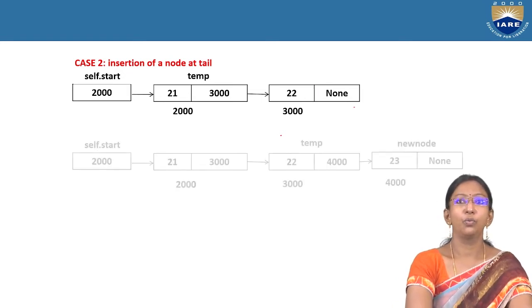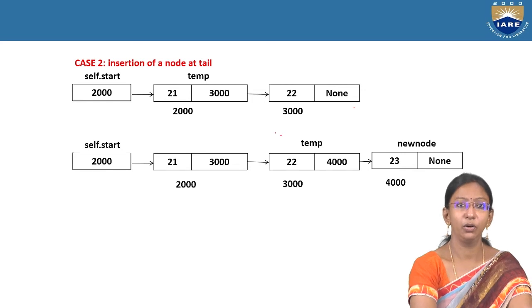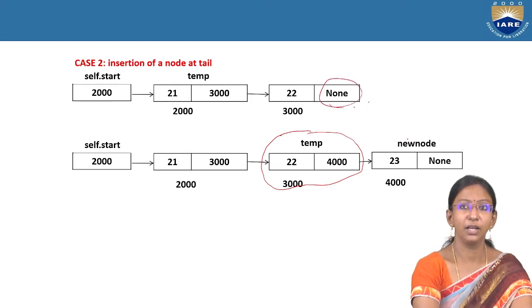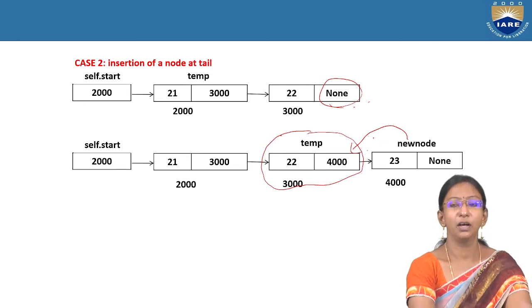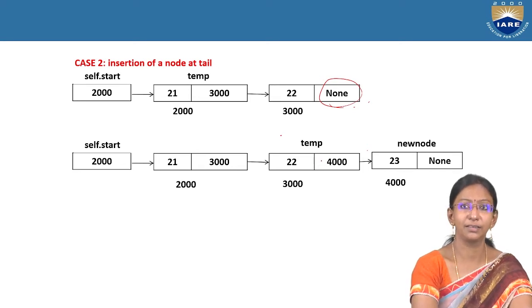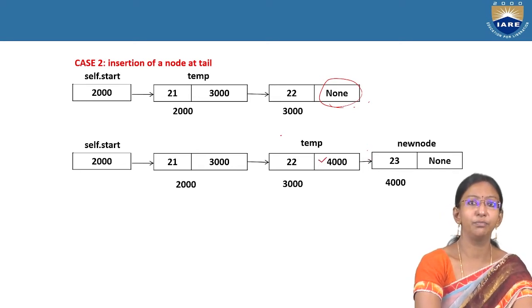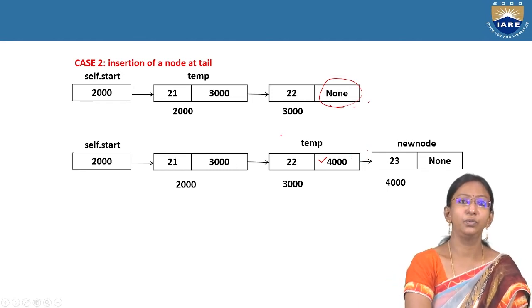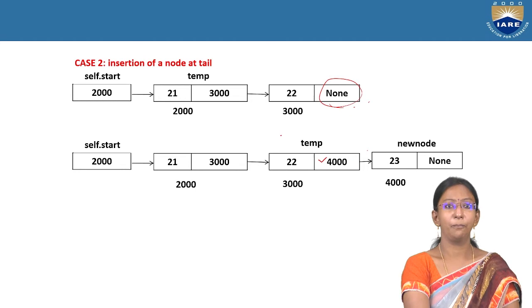Very good. So what happens is, take the hops as I said, and make the temporary sit on the node whose next part is None. Now store the address of the new node inside it, which is 4000. By just storing the address of the new node in temporary's next, we have built the relation between the new node and the temporary node, right?